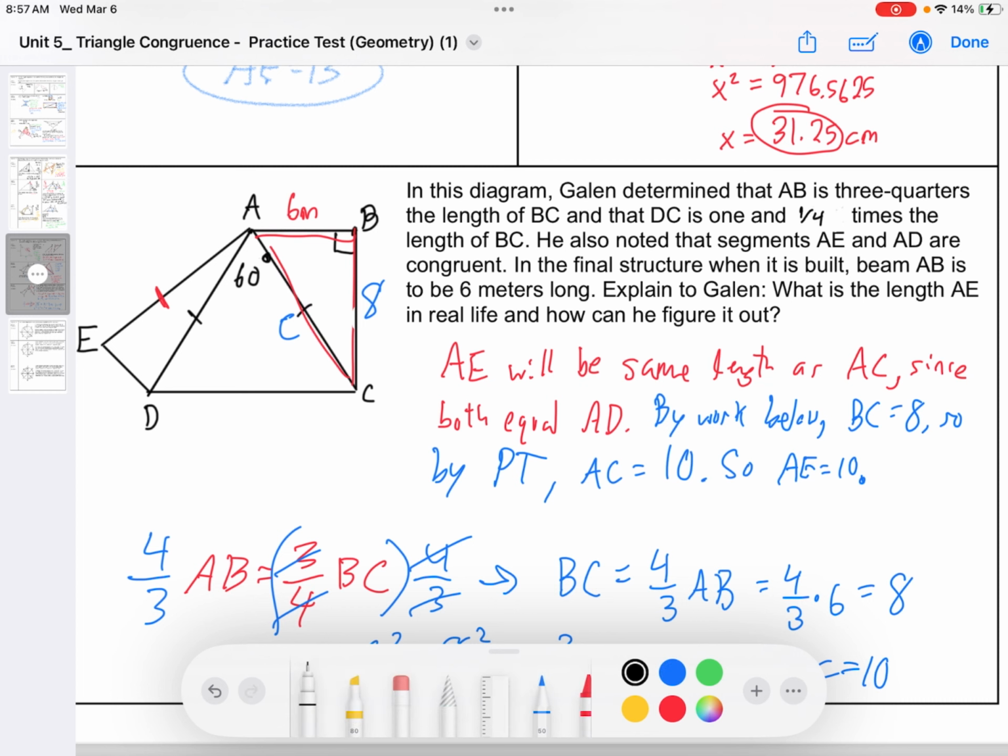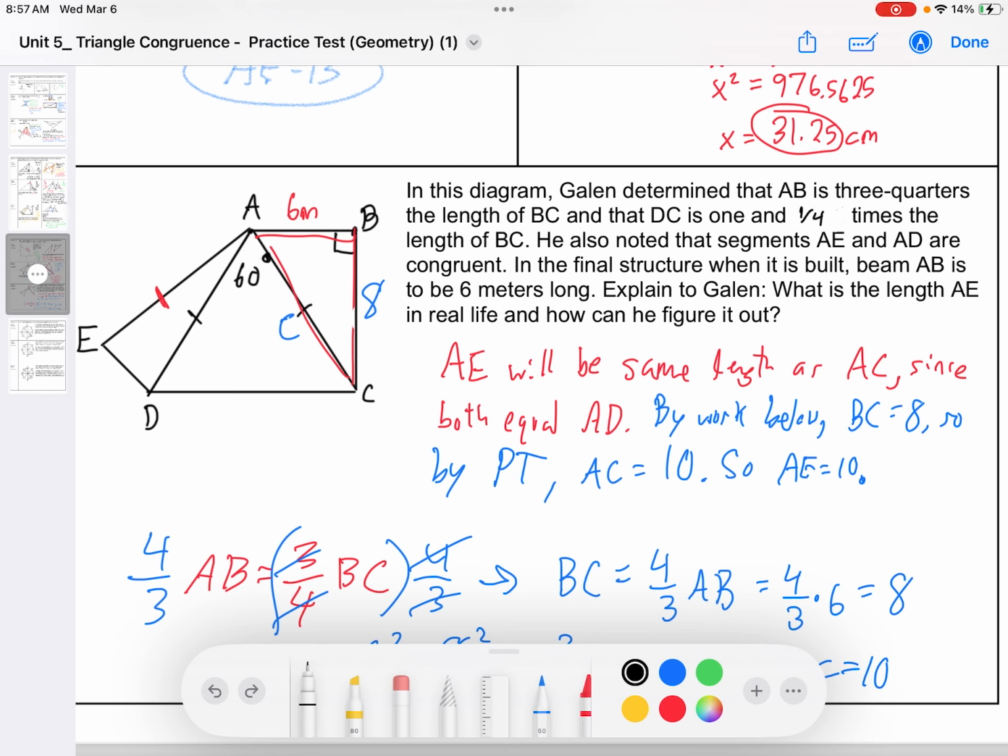Okay, I noticed a slight error on here that this should be 1 1/4, not 1 1/2, but we can continue from there. So they say DC is 1 1/4 times the length of BC. So once we know BC, we just take that 8 and times it by 1 1/4, which is 1.25.